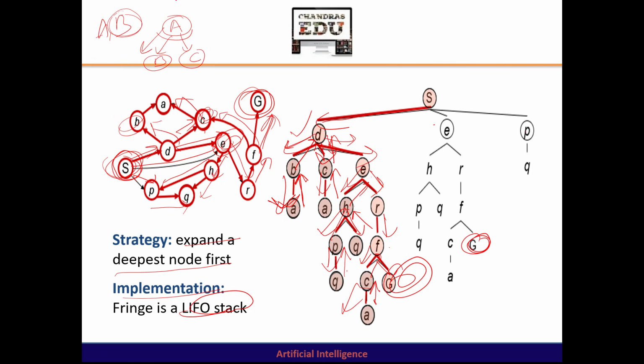That means it will be eliminated first. Eliminated means it will go back to A. So now we are at A, and we'll see the other path, C. Like that the implementation is done. So the stack followed here is a last in, first out stack.